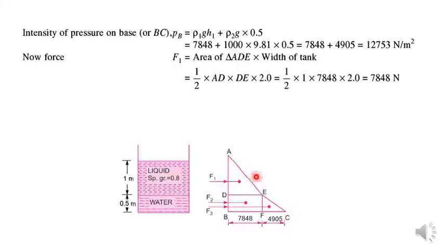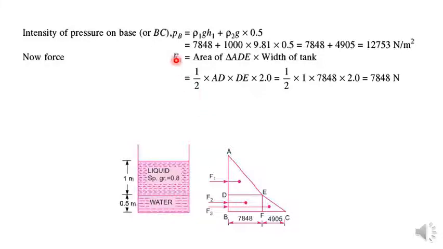So this total pressure diagram can be distributed into three different areas with specific dimensions: one triangle, one rectangle and another triangle. We can first calculate the individual forces for this pressure diagram, and for the total force we can sum up all of these forces.